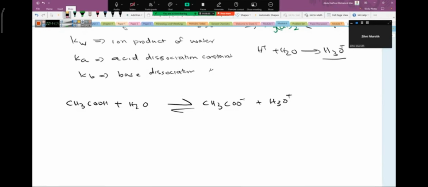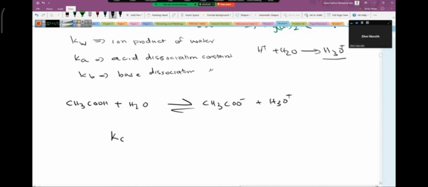So now we dissolve acetic acid in water, and this is how it will dissociate. Now, according to the equilibrium law, we can write the equation for Kc. Can you just try to write down the equilibrium constant for this reaction? How can you write it?